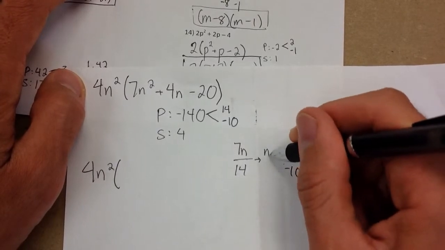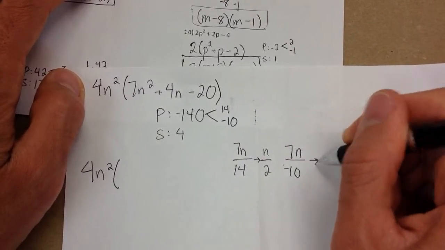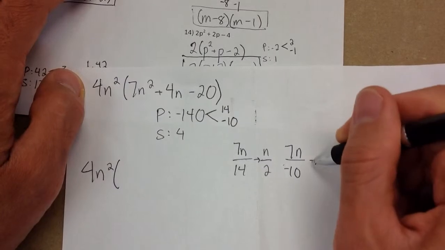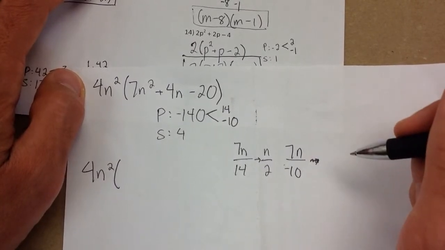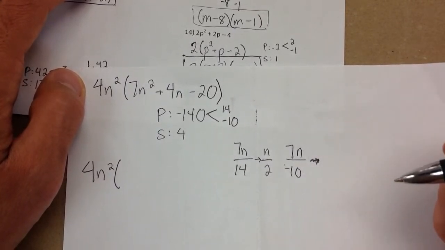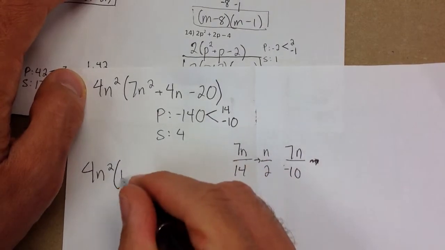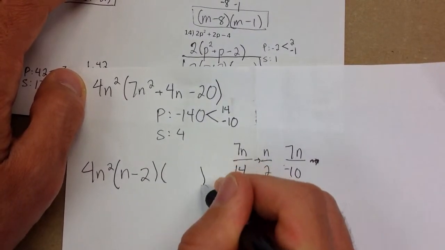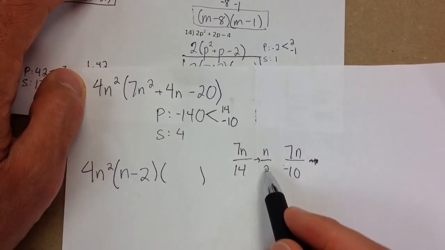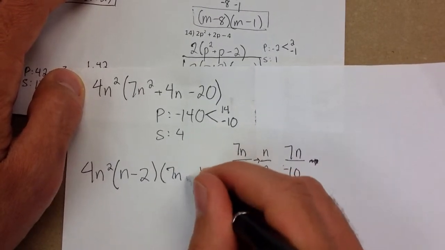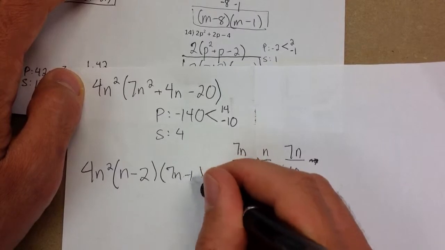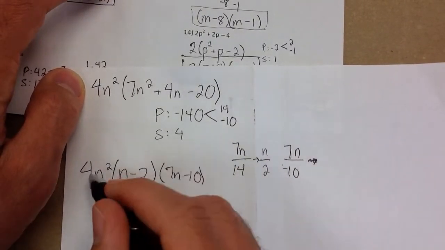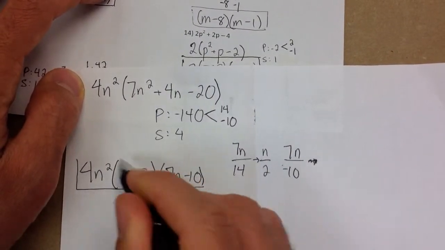So this becomes n over 2, and this becomes n over 5. Same thing, 7/10 does not reduce. Now I know what to write in the parentheses, excuse me. What I write comes from these reduced fractions. 7n minus 10. And that is the fully factored form.